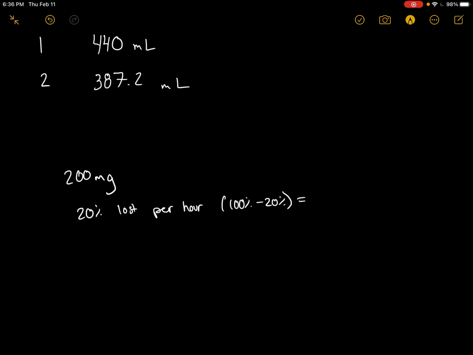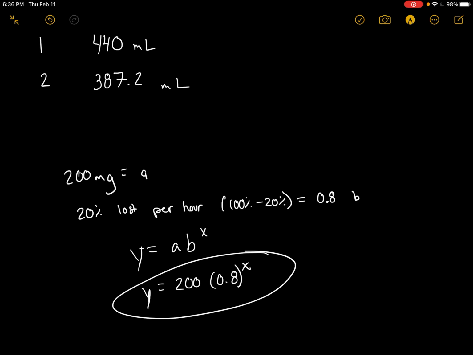Here your rate is 0.8 or 80%, and that's also going to be your B value. Your A value is what you started off with, 200 milligrams. So A times B to the X power: 200 times 0.8 to the X power. That would be the caffeine function.